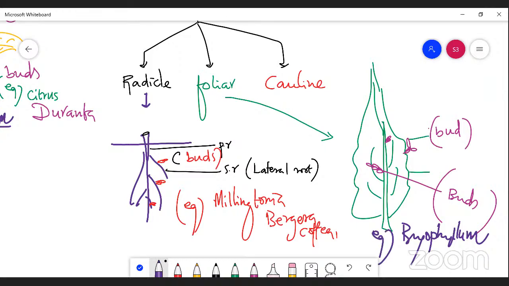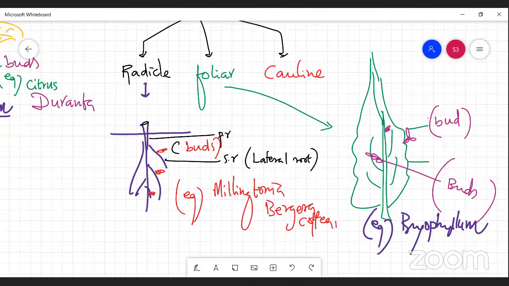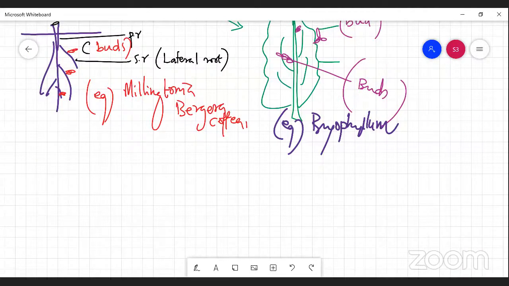Example, Bryophyllum. One more example I can say for foliar buds, Begonia.